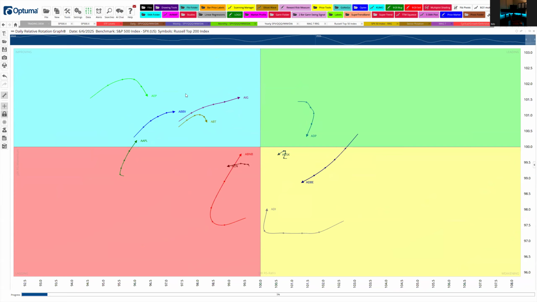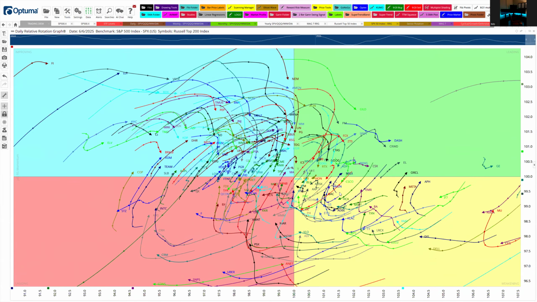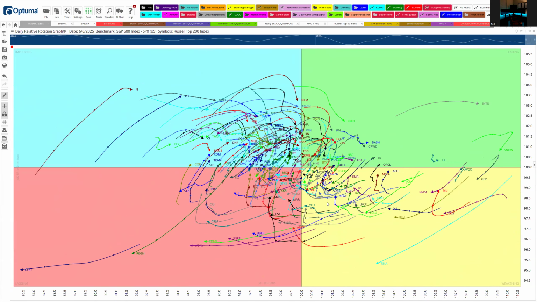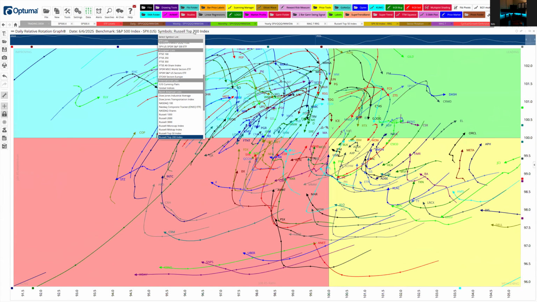Look at this, that's 200 stocks now. It's messy, you have to filter them out. Are you going to find trades? You see how many of them there are here? You just have to filter it.